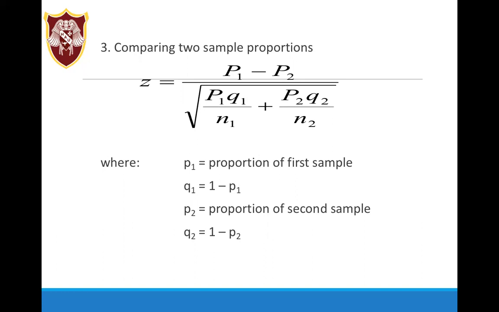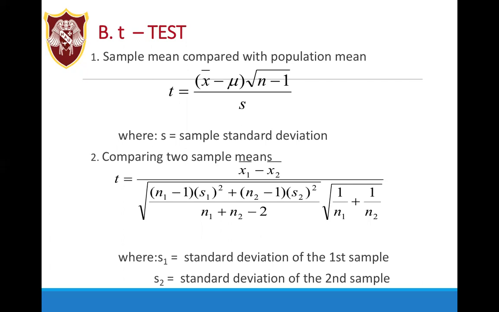And then these are the formulas for t when performing t-tests. So the first one is applied when a sample mean is compared with the population mean. So we use t-tests if the standard deviation is derived from the sample.